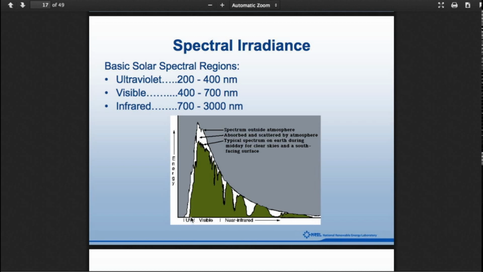So it's actually only 310 to 400 that's being measured, and anything below is just being assumed that it never reaches the ground.